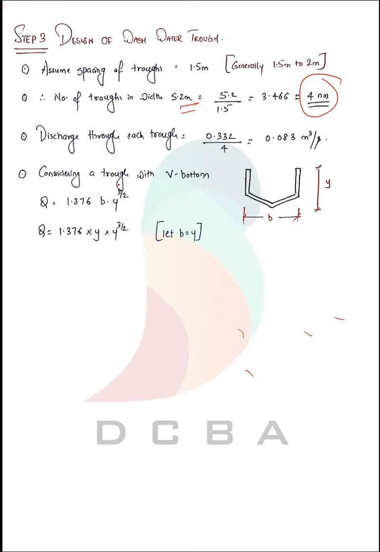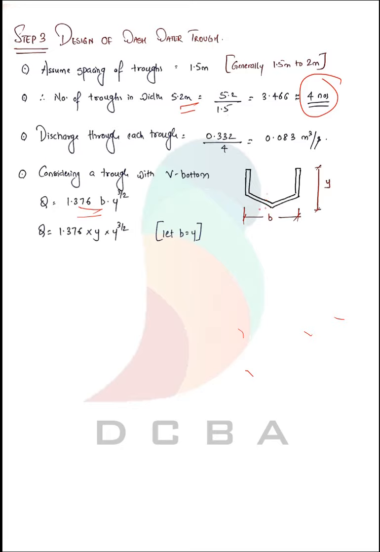Considering the trough with V bottom, the discharge through a V bottom, I had given this formula in my theory lecture. So it is 1.376 into B into Y raised to 3 by 2, where B is the width of the trough and Y is the height of the trough.